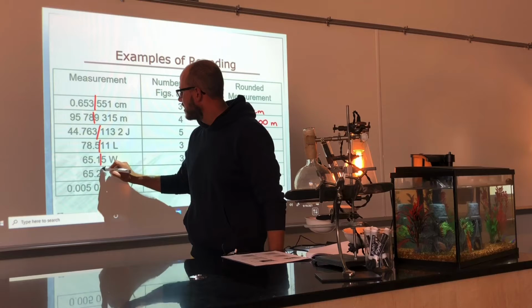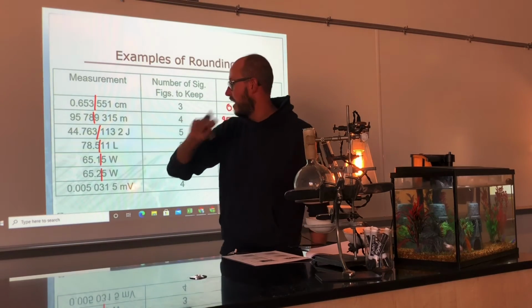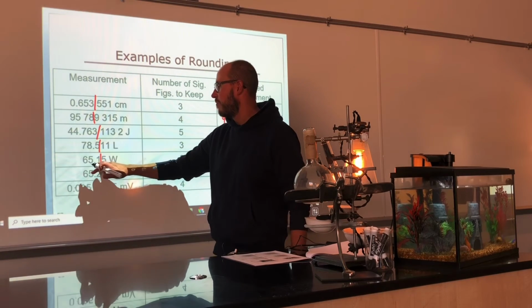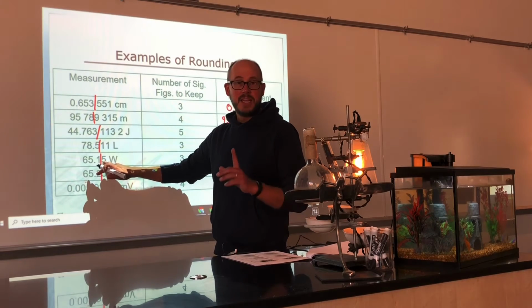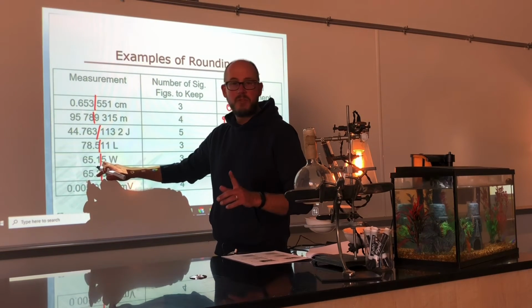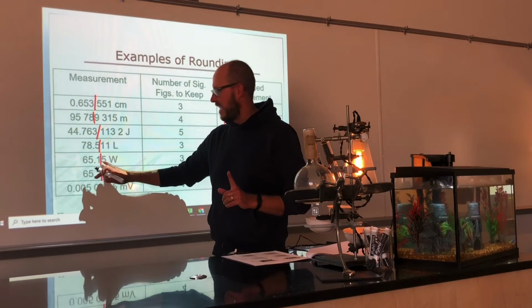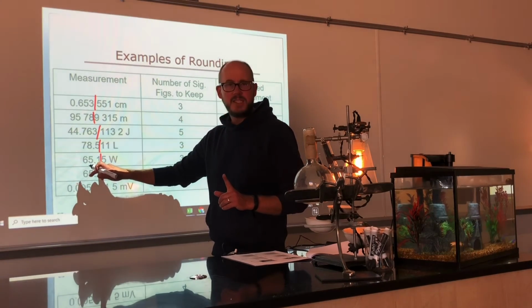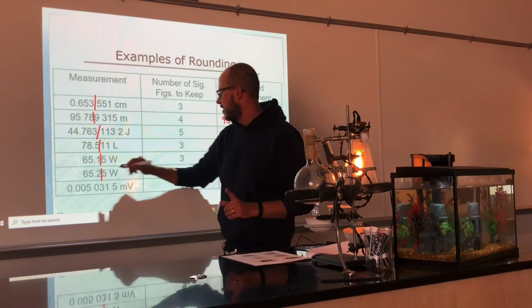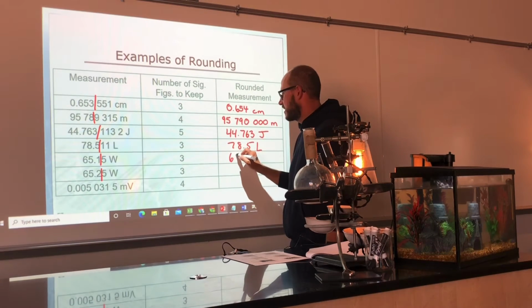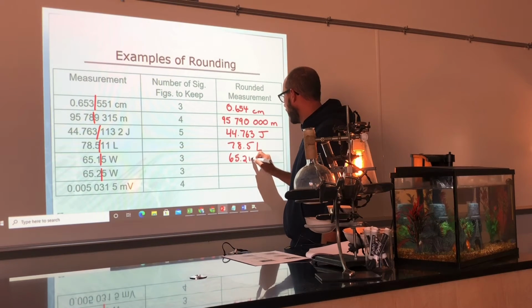We want 3 significant figures, so that's where we cut it off. Now in the first one, we have 65.15. It ends with exactly 5, and we're just removing that exactly 5. The rule is round to the even number. So 1 is odd, we round it up to 2, and it becomes 65.2 watts.